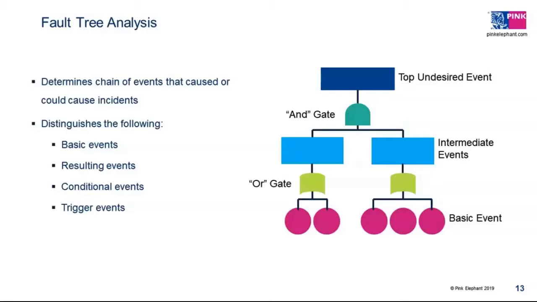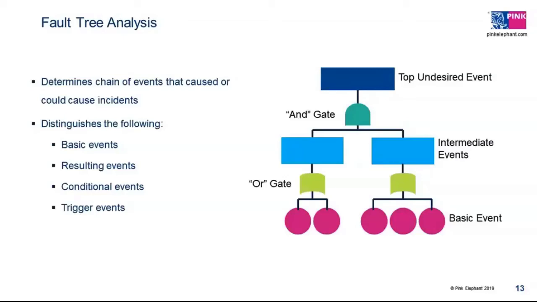But in following this top-down, there are other kinds of events that we may identify. For example, resulting events. Resulting events, if something happens, then this always happens.